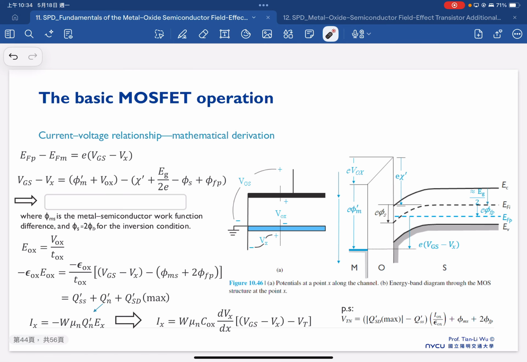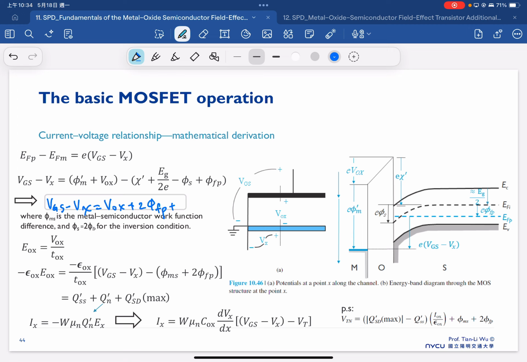Then we just put in whatever we know so far. The first one is EFp minus EFm, which will be equal to VGS minus Vx here. And VGS minus Vx will also be equal to this term. Therefore, VGS minus Vx is equal to Vx plus 2 phi Fp plus phi s.